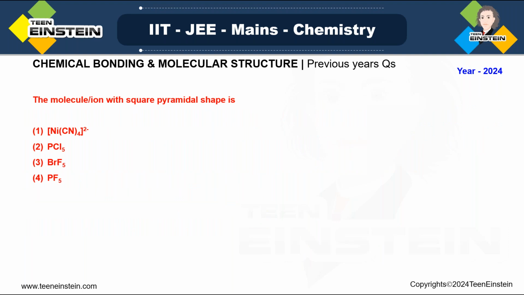The molecular ion with square pyramidal shape. Now, chemical bonding and molecular structure, in this chapter, we do not talk about the bonding for d-block metal complexes. That is basically from the d-block related chapter, not from here. Because the rules that we apply when we decide any geometry or shape of molecule are not from d-block.